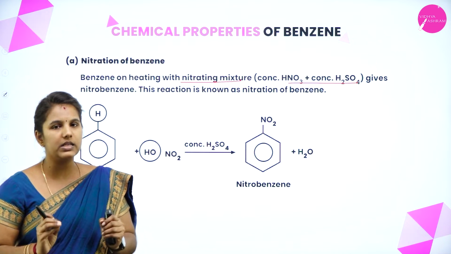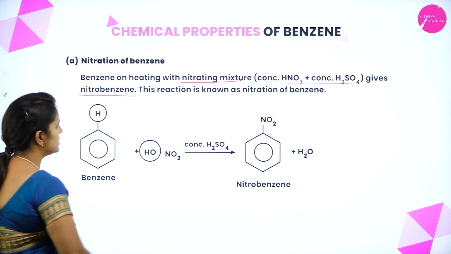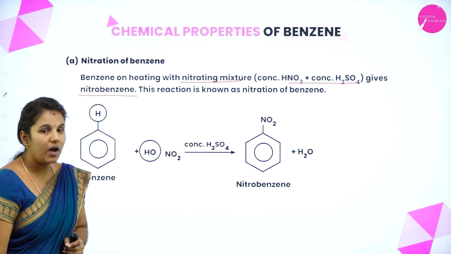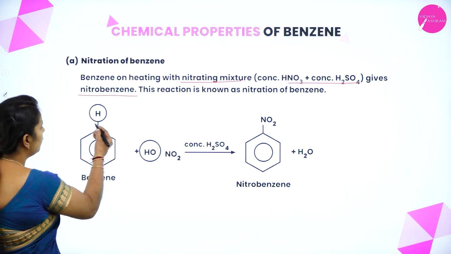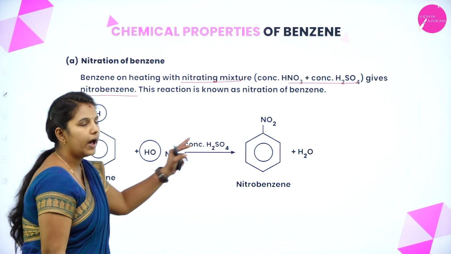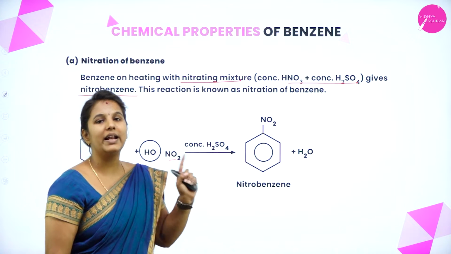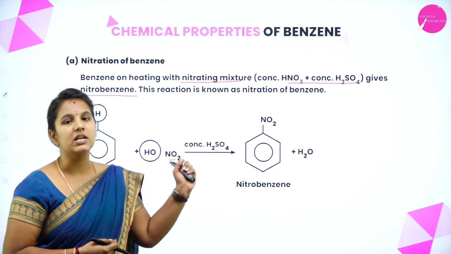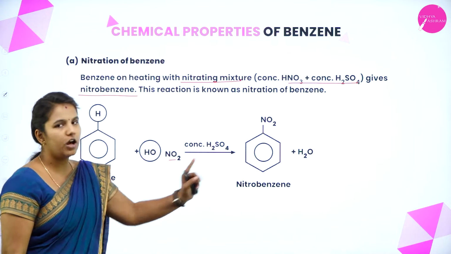When you heat benzene with the nitrating mixture, it gives rise to nitrobenzene. This reaction is known as nitration. Why is it known as nitration? Because we have a benzene ring with one of the hydrogens, which gets substituted with NO2 and forms nitrobenzene in the presence of nitrating mixture, with the elimination of a water molecule.